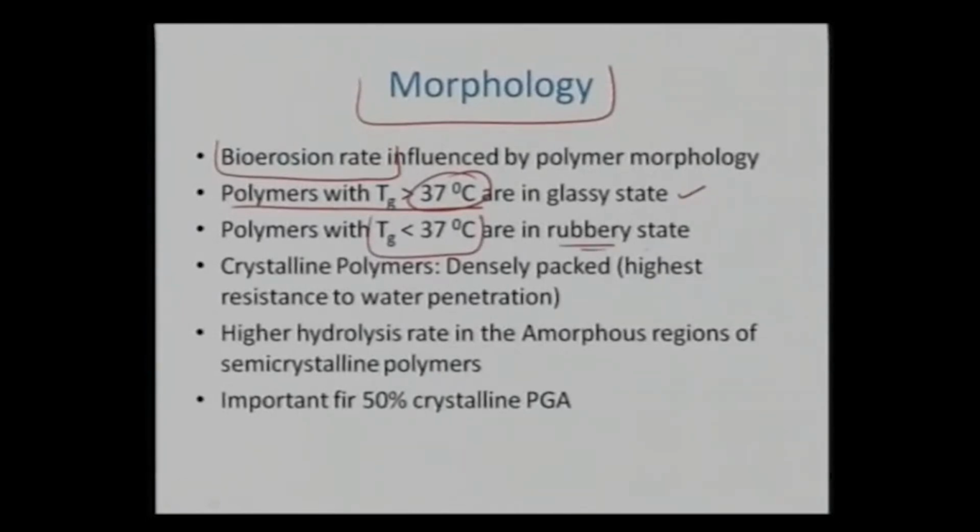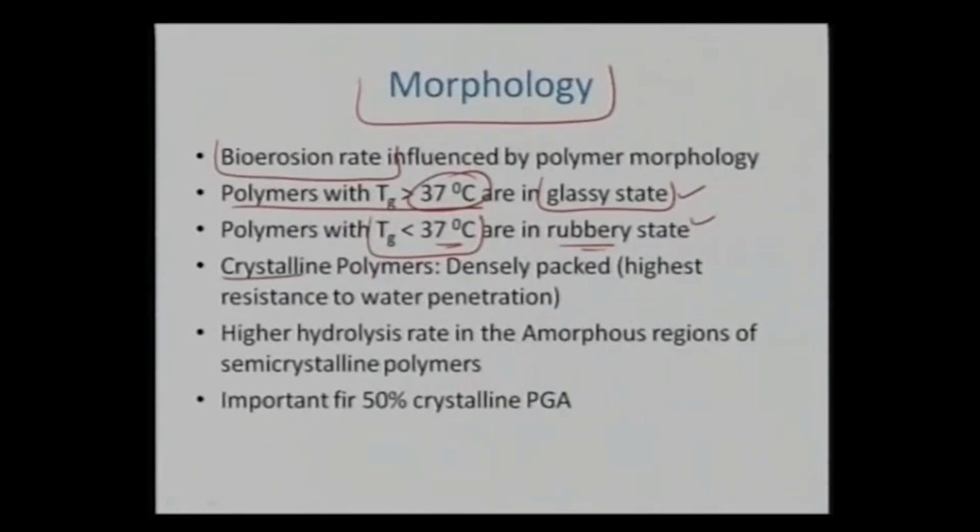So in this case, what is happening when Tg is greater than 37 degrees centigrade, below this temperature the material will be very hard, or in the glassy state, and once they have a Tg of less than 37 degrees centigrade, heating above this particular temperature, the polymer will become very soft, more like a rubbery state. So in certain cases the polymers can be either amorphous, crystalline or semi-crystalline.